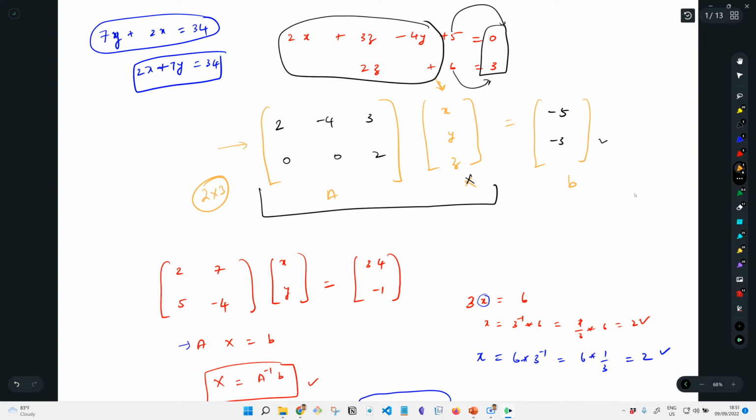Now for this system of two equations with three unknowns, can you obtain the solution to x using A inverse B? Anyone? Couldn't get the question, sir.